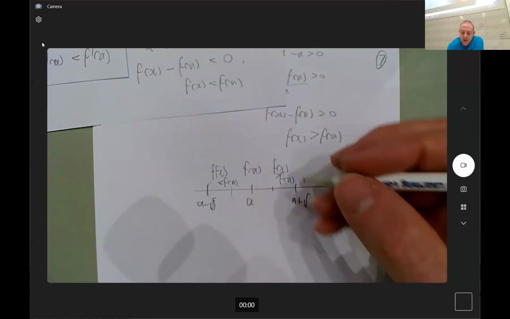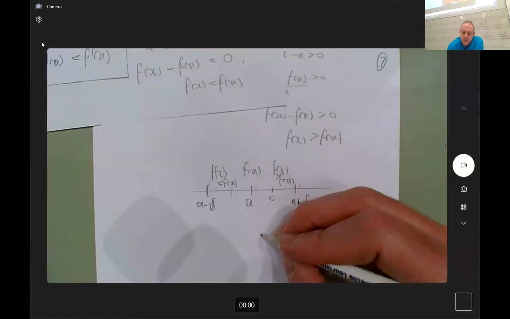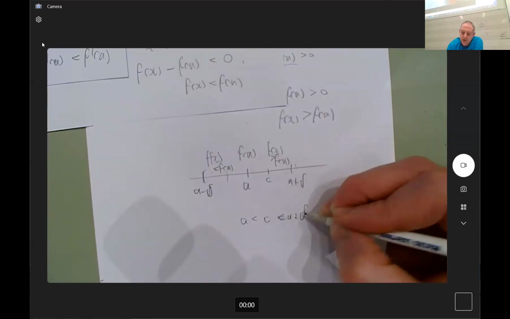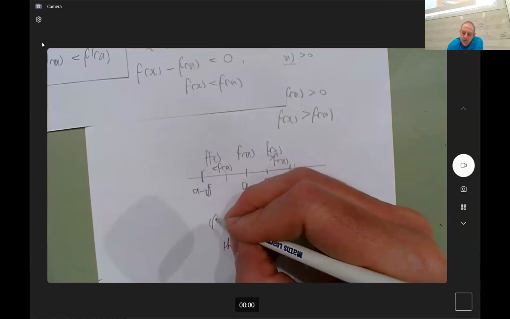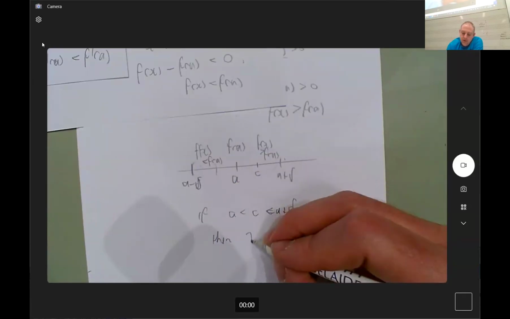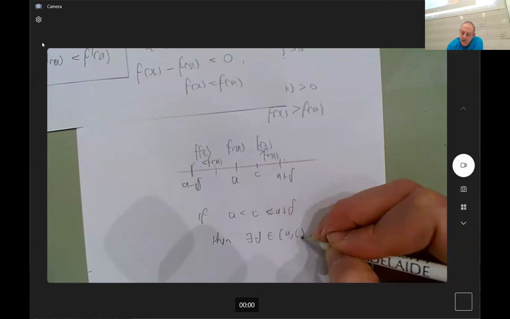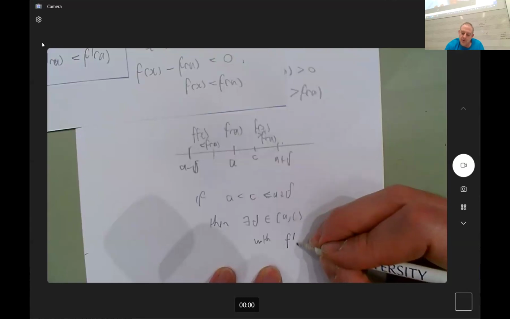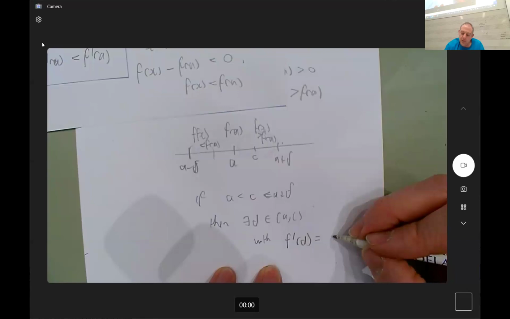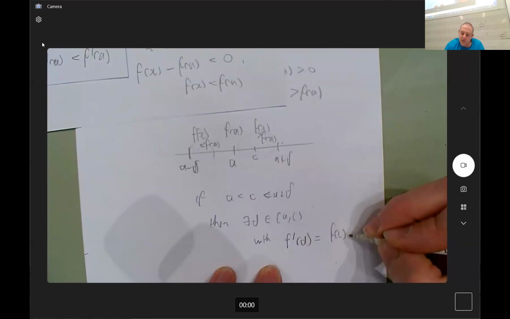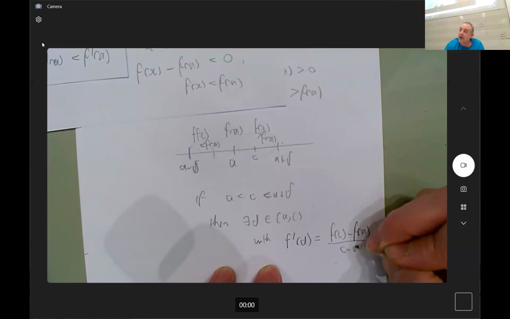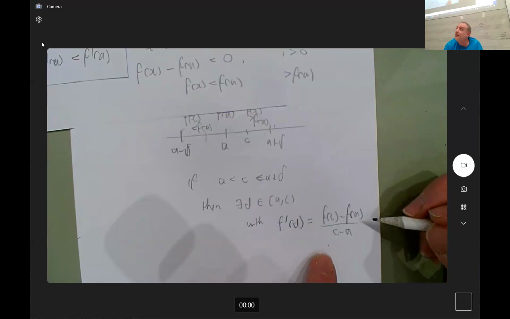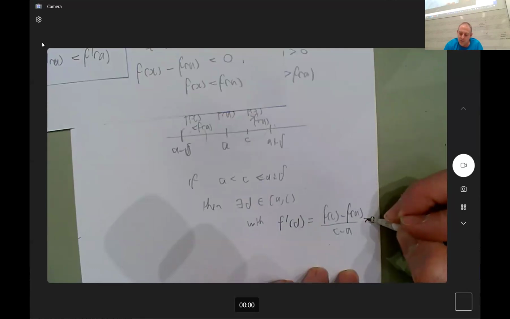Because if I pick any point C between A and A plus delta, then there exists a D between A and C with f dashed of D equal to f of C minus f of A over C minus A. Both of these numbers are positive because we already proved that, and so that's positive.